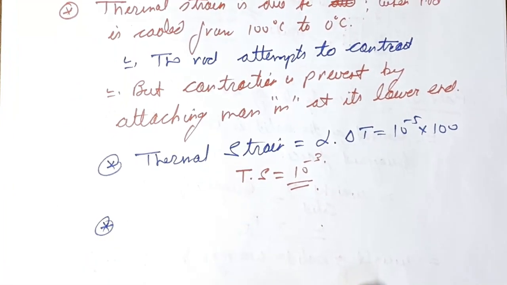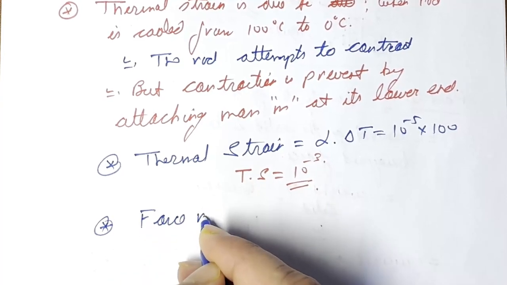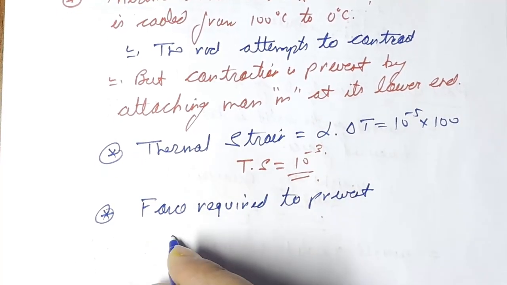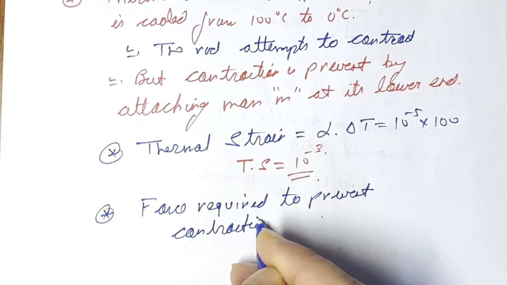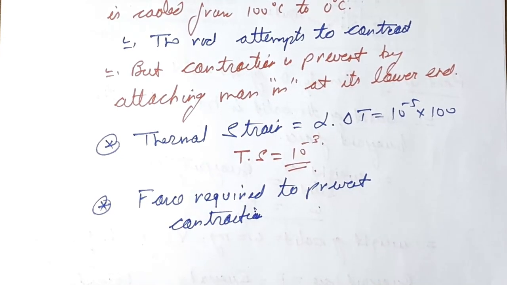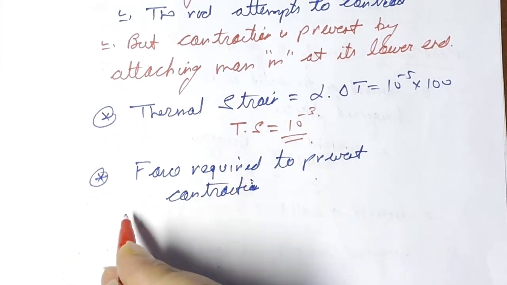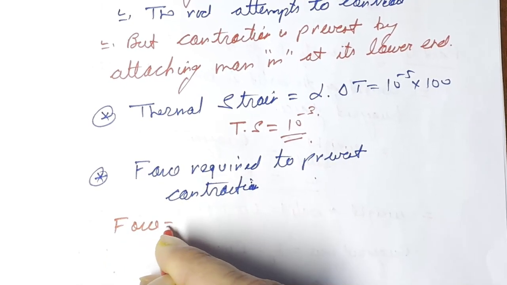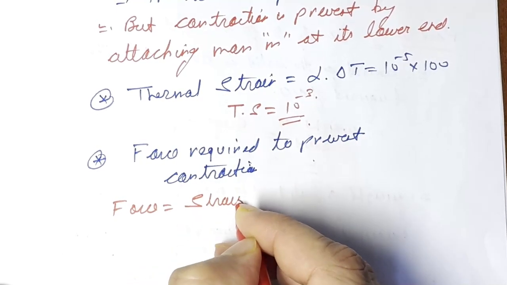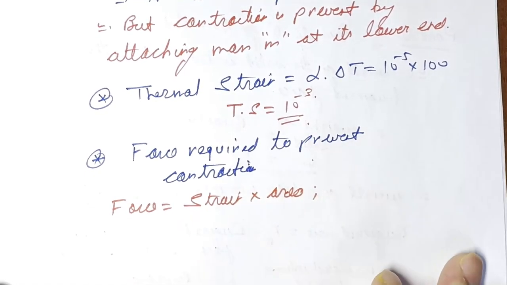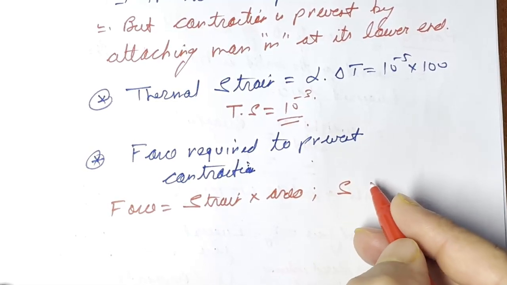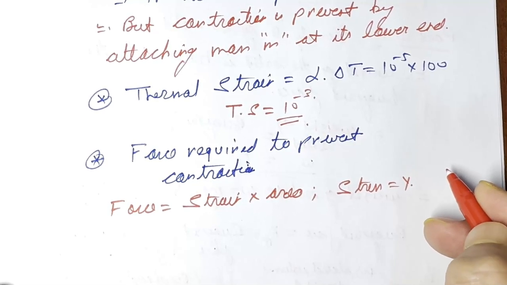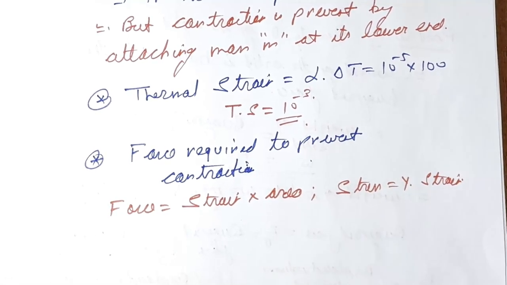So we say the force required to prevent contraction is equal to stress multiplied by area of cross section, and we already know that stress is equal to Y multiplied by strain.